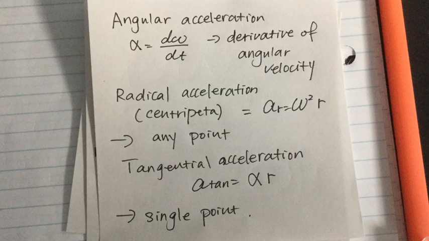Radial acceleration can represent any point in that object, but tangential acceleration can only represent that single point. It's the exact value for that exact point, but not for anything else.